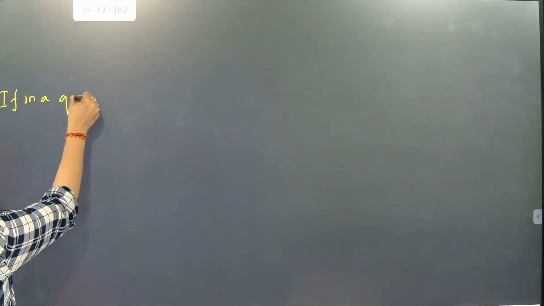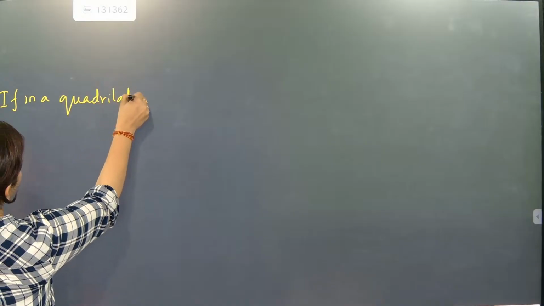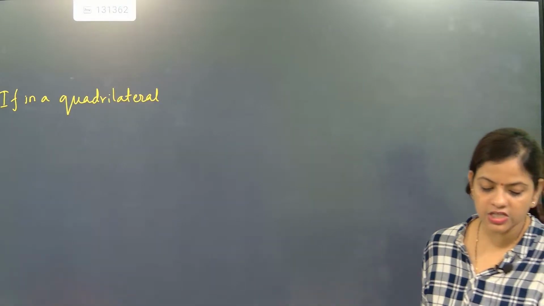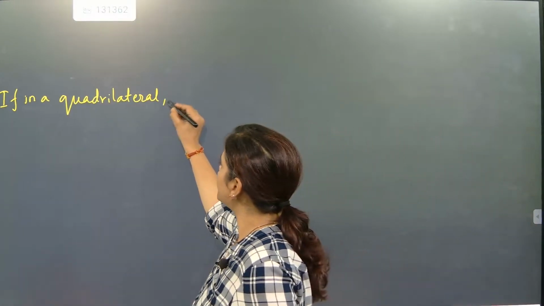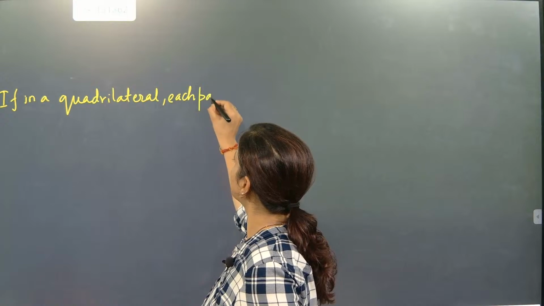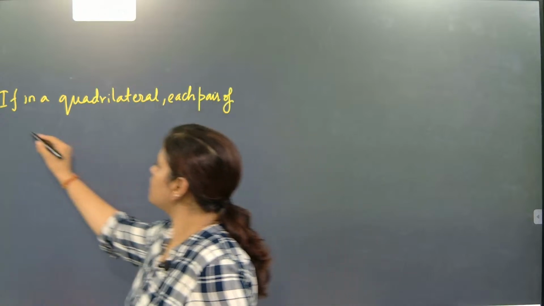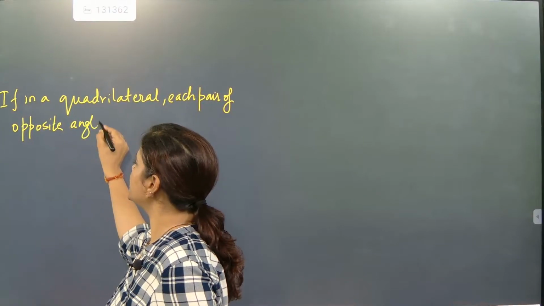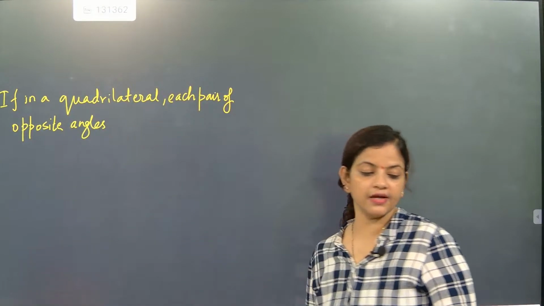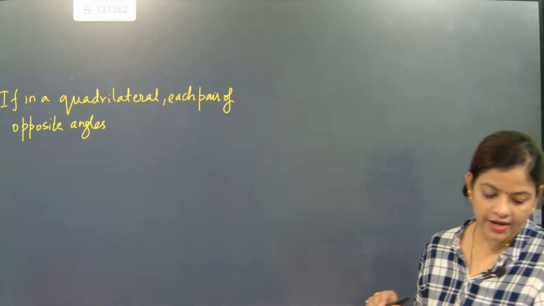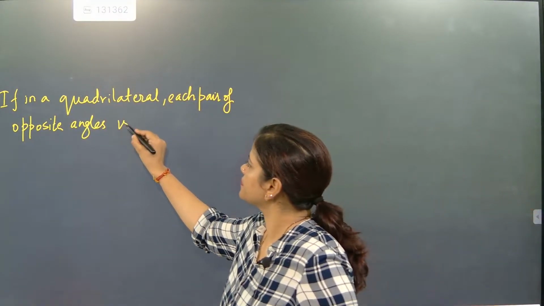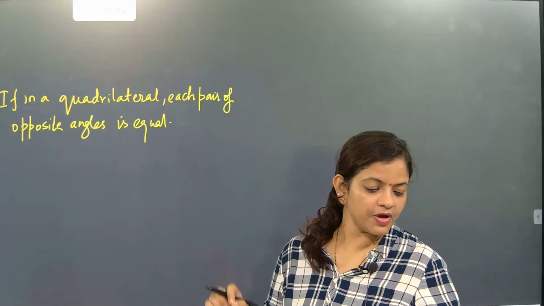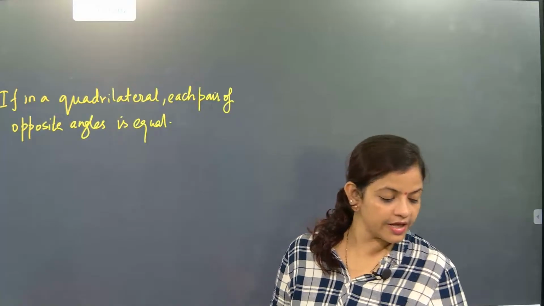Note down: if in a quadrilateral each pair of opposite angles is equal, then it is a parallelogram.